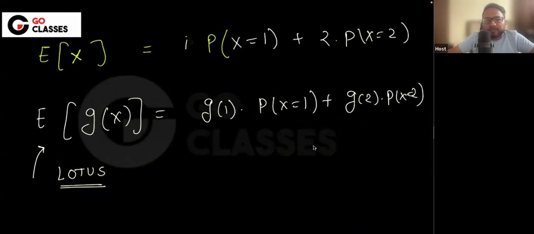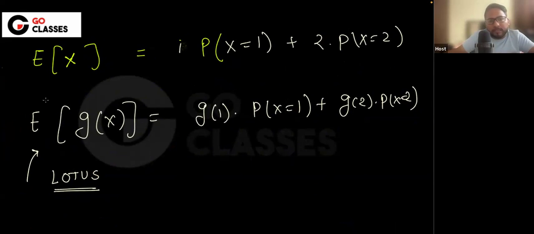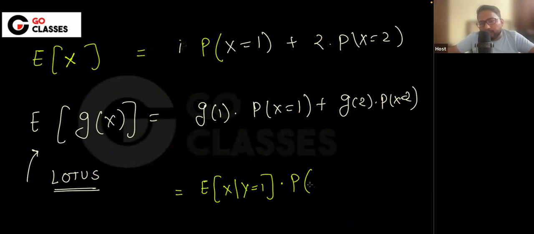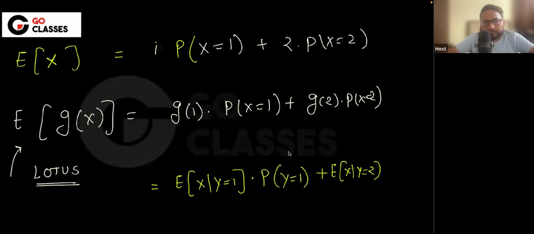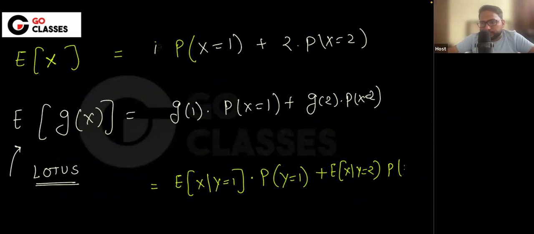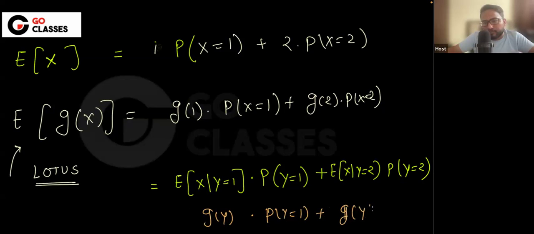Now, similarly here, I'm just trying to say that if you are writing expectation of x given y being 1 into probability of y being 1 plus the same for y being 2, if you're treating this as g of y, isn't it the expectation of g of y?